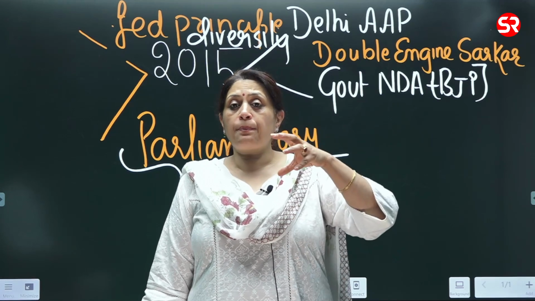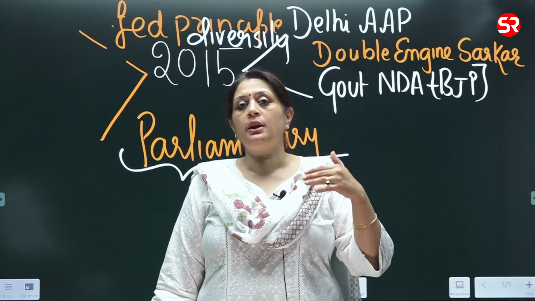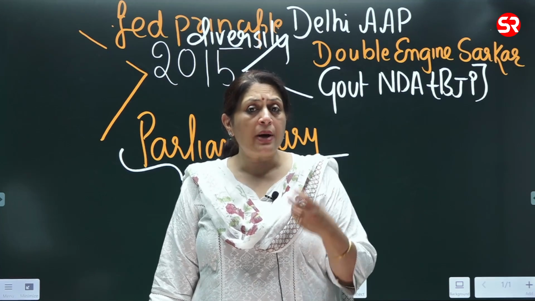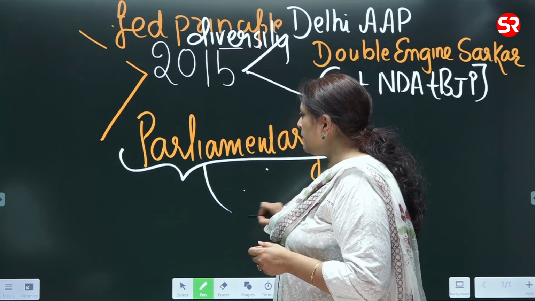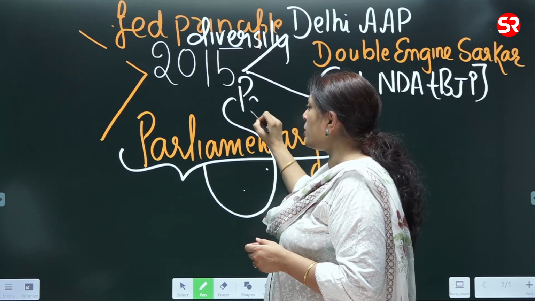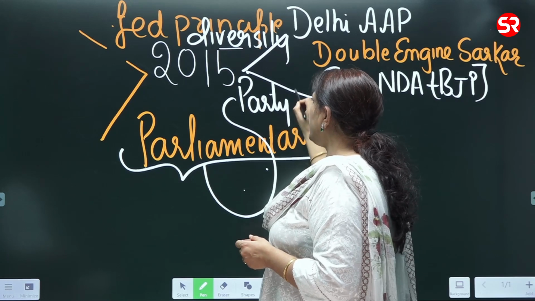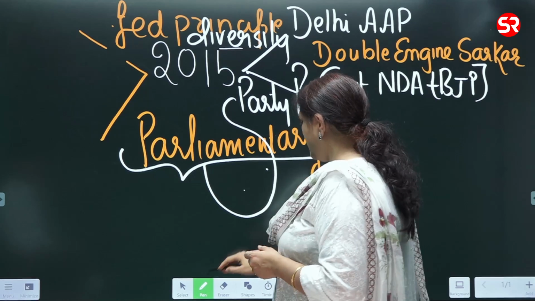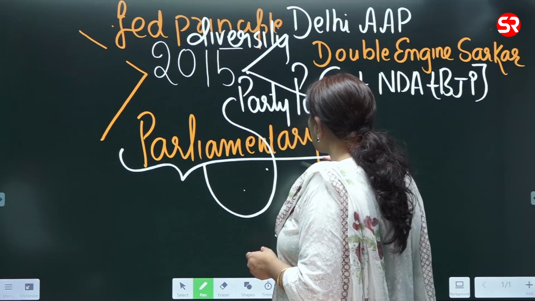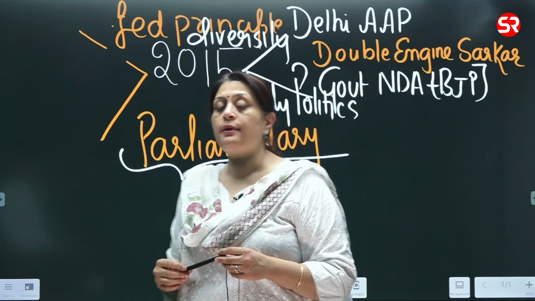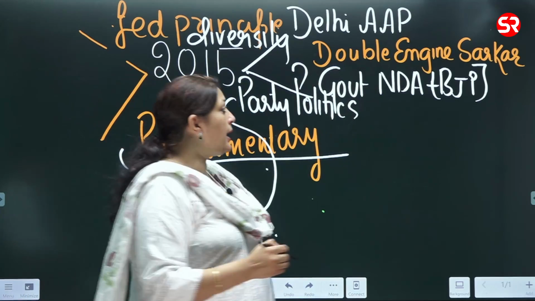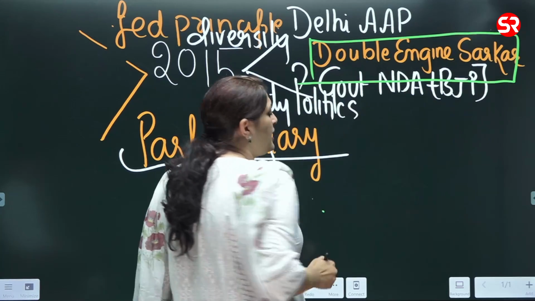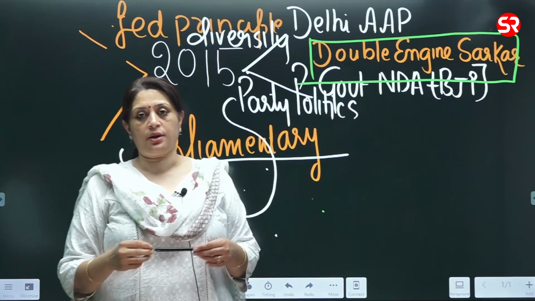Because the presidential form of government is based on personality, whereas the parliamentary system is based on party politics. And whenever we talk about party politics comes the distortion in the ideal functioning of federalism, and issues like double engine or any other narrative figure into the discussion.